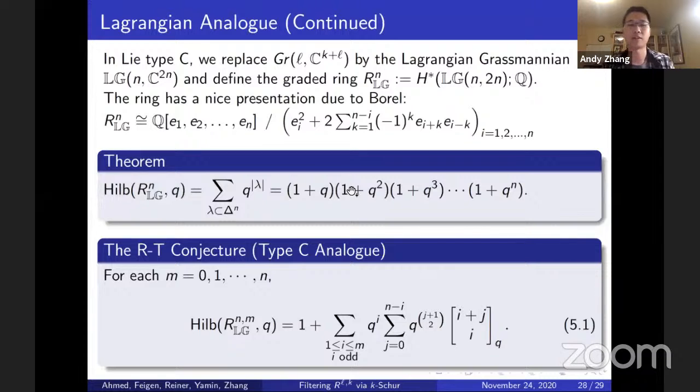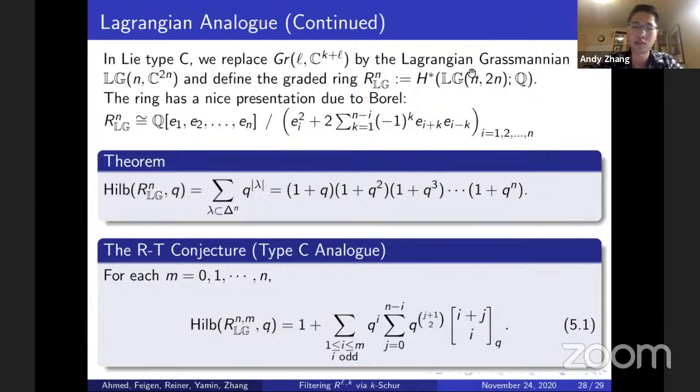So why is this relevant? The type C analog of the complex Grassmannian is the so-called Lagrangian Grassmannian. Recall that the complex Grassmannian can be described as a parametrizing space of all k-planes in n-dimensional complex vector space.